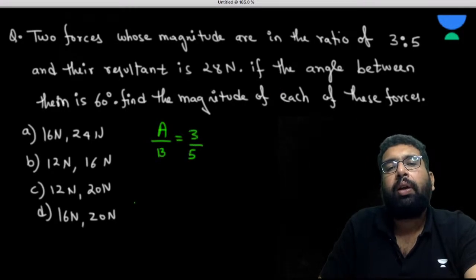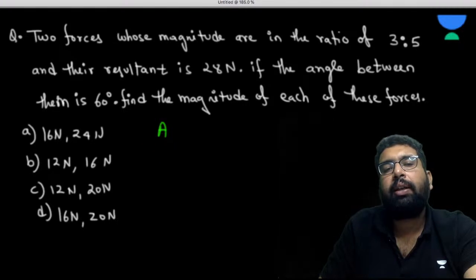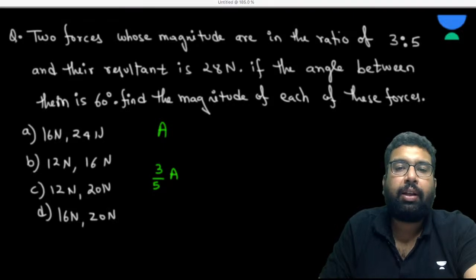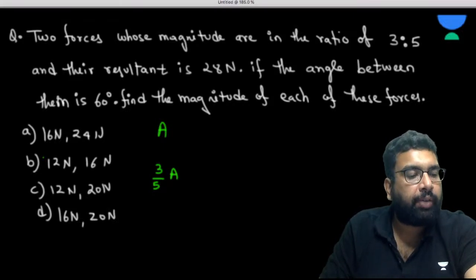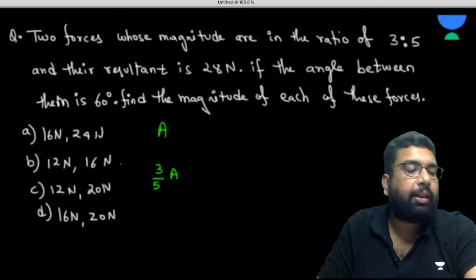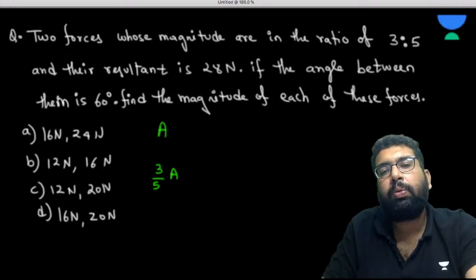So if one force is A, the other is 3 by 5 of A. Another way, as you have done, you may have taken one as 3a and another as 5a. Both are the same thing.